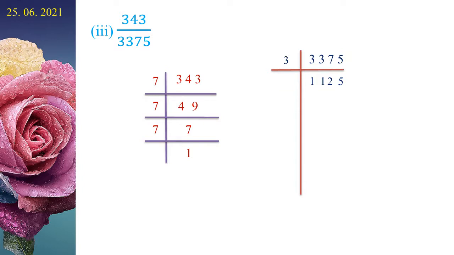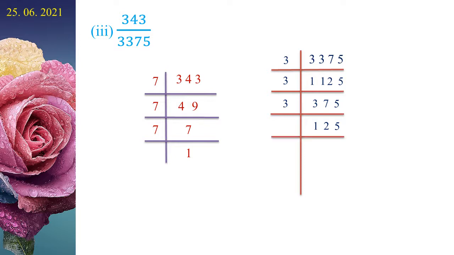The number 1125 is divisible by 3. 3 3s are 9, balance 2, 22, 7 3s are 21, balance 1, 15, 5 3s are 15. The number 375 is divisible by 3. 1 3 is 3, 2 3s are 6, balance 1, 15, 5 3s are 15.